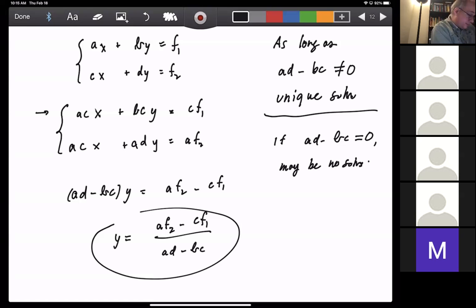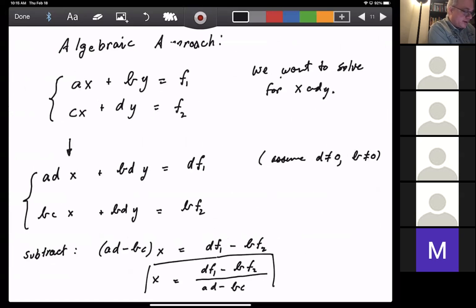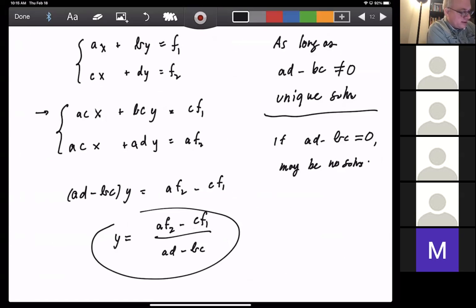Right, so notice that for the x, if AD minus BC is equal to 0, then I can solve for x if and only if D times F1 minus B times F2 vanishes, in which case x is arbitrary. And if AD minus BC is equal to 0, I can solve for y if and only if A times F2 minus C times F1 is 0, in which case y is arbitrary.